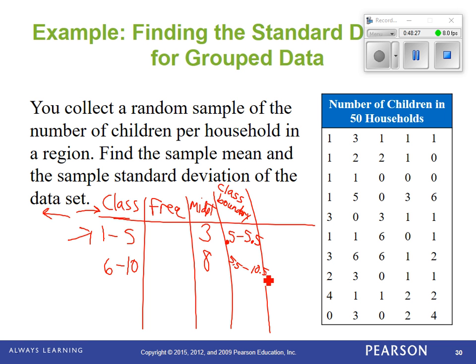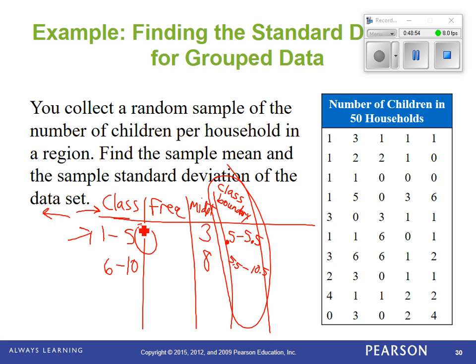Now, in our set of numbers, are we ever going to have a 0.5 in there? No. And the purpose of the class boundaries is so that it's all inclusive. Because if we just do 1 to 5 and 6 to 10, then somebody looks at this and says, well, where's 5.7 in there?